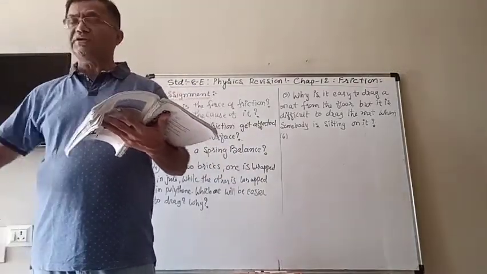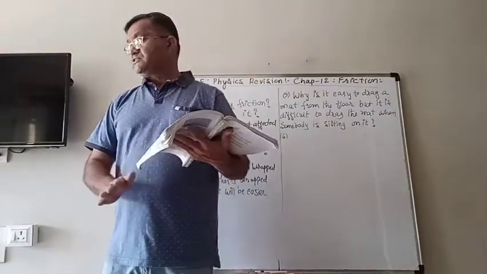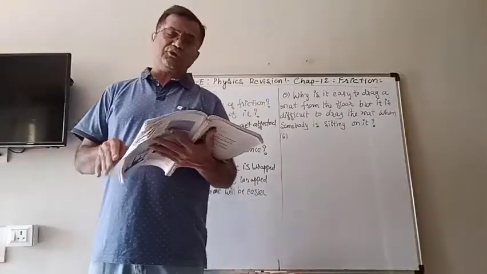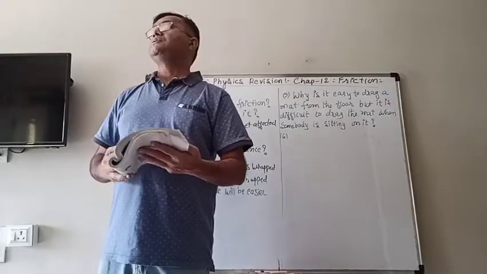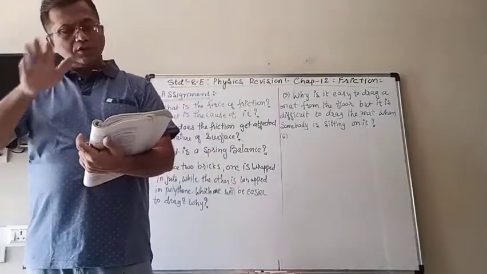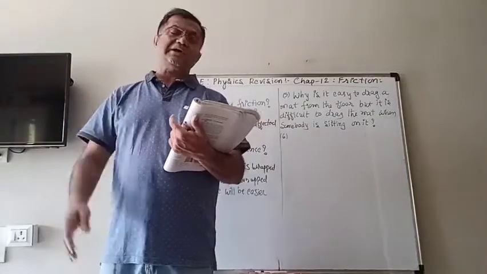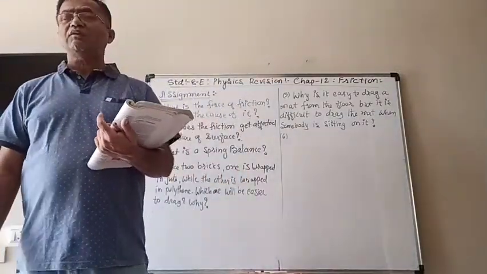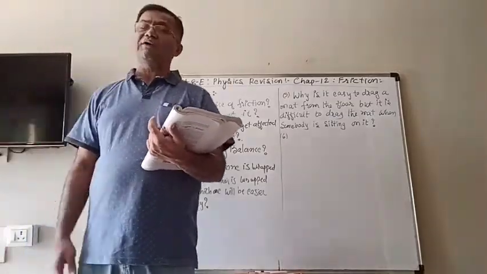When it comes to rest, measure the distance. Now spread a piece of cloth on the floor, and again allow the shell to come down the inclined plane, and again measure the distance covered by the shell on the floor when it stops.